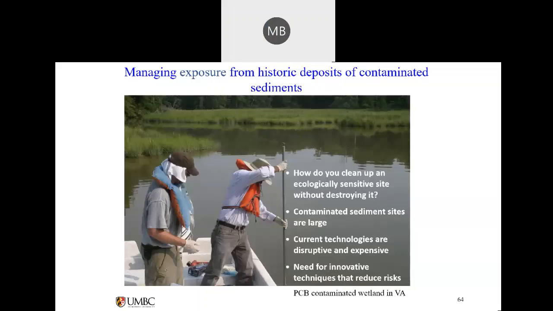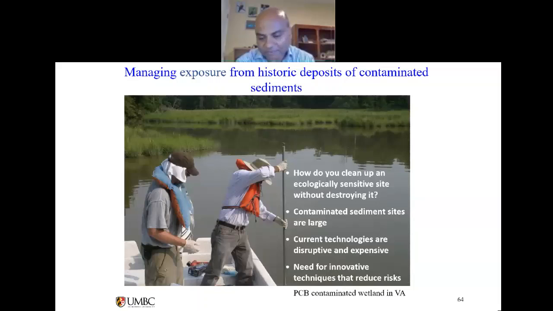And oftentimes those end up being wetlands, beautiful wetlands like this one in the picture. This is actually from Fort Eustis, Virginia, where we did a pilot study several years ago. And this is, I believe, Bailey Creek is the name of the creek, and it flows out into the James River, if I'm remembering correctly. And it's a beautiful functioning wetland.